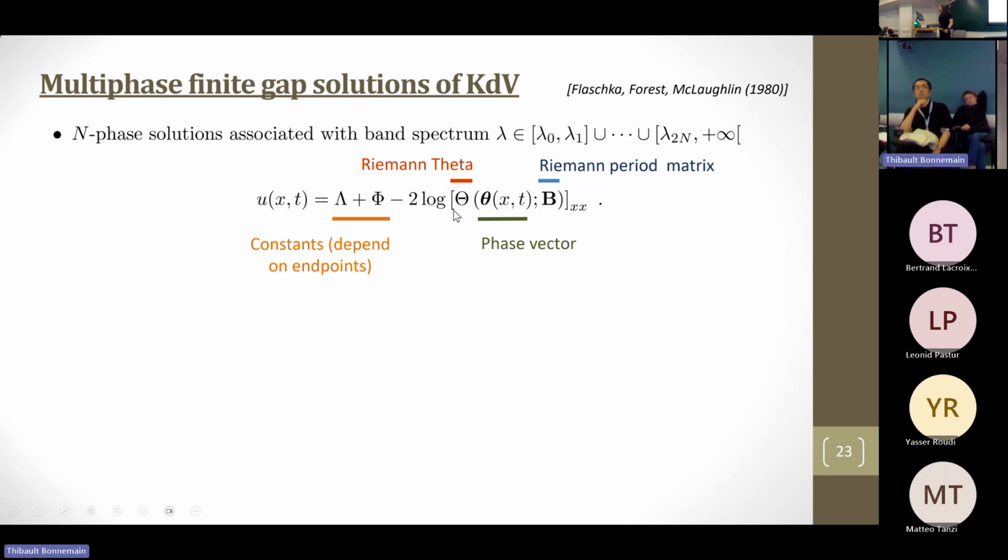This is the Riemann theta function. This theta here is called the phase vector, and it's what encodes the x, t dependence of your KdV solution. And here B is the n by n Riemann period matrix.